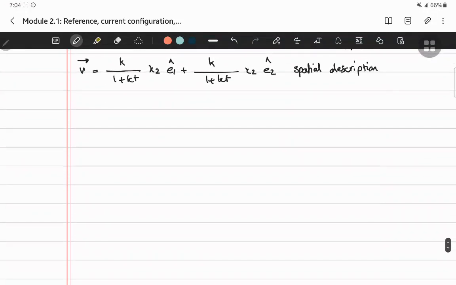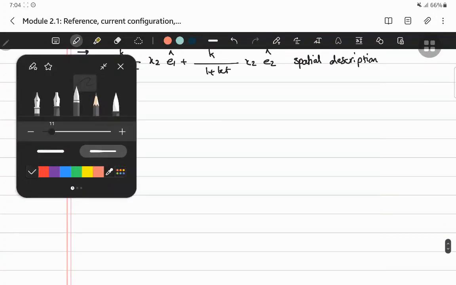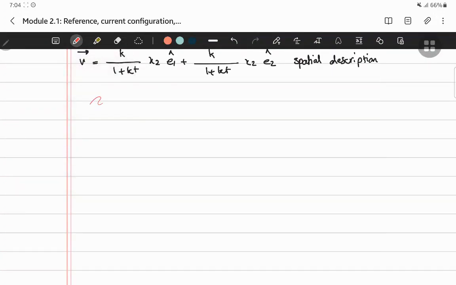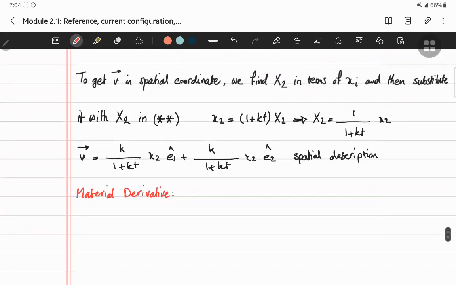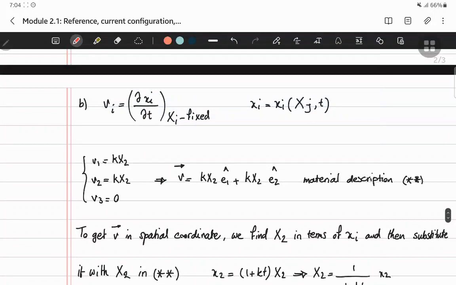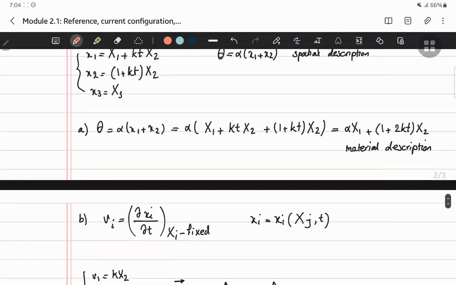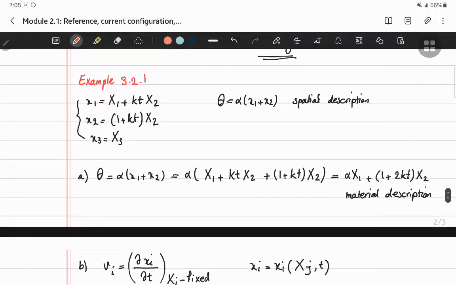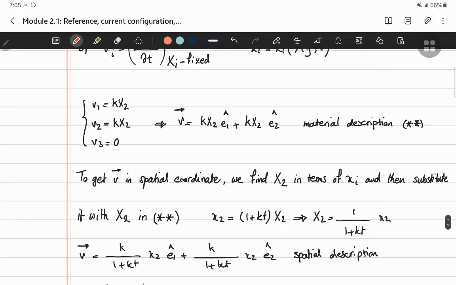All right, so next we have the material derivative. You already saw here that we can convert the material description to the spatial description, and vice versa.